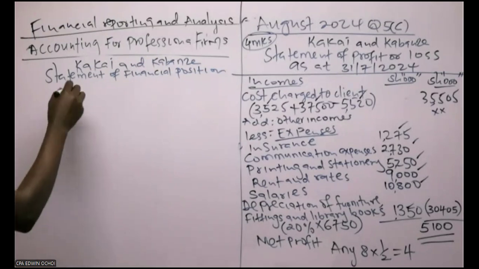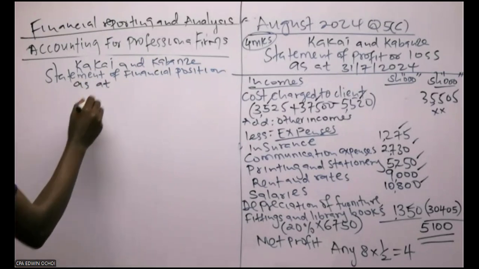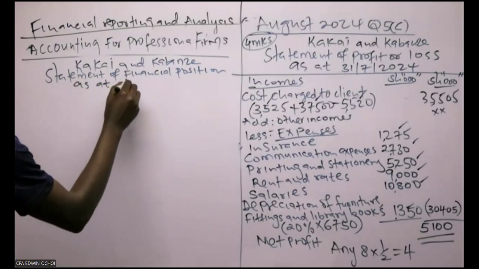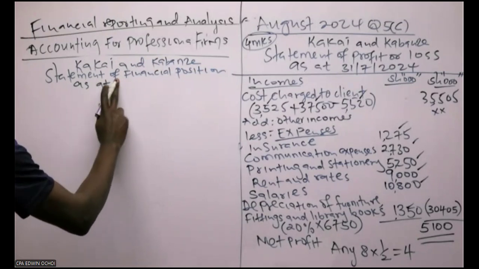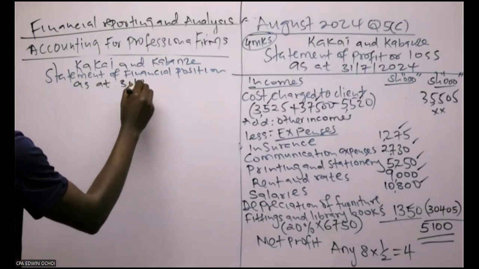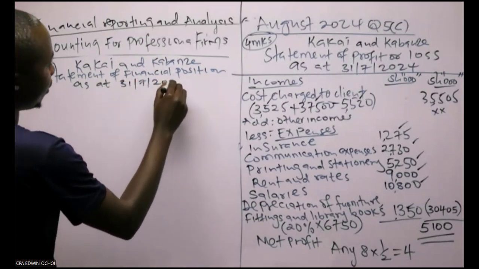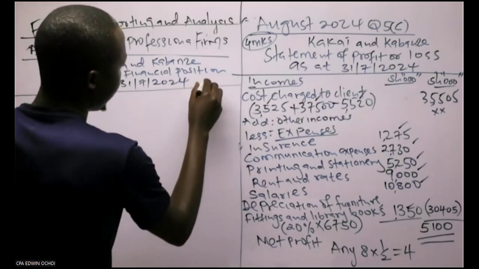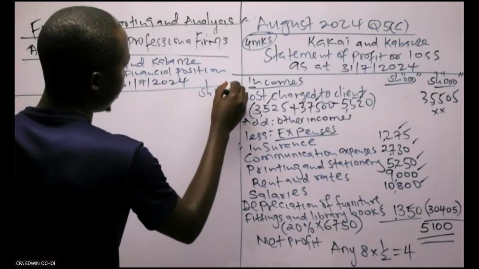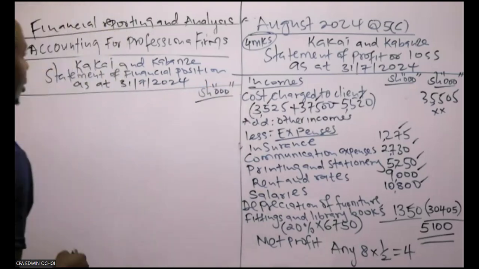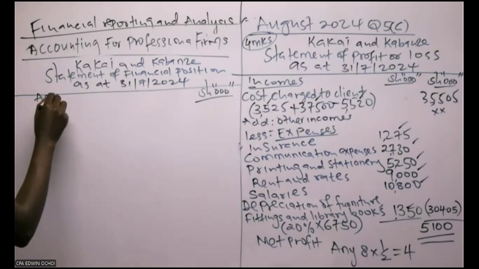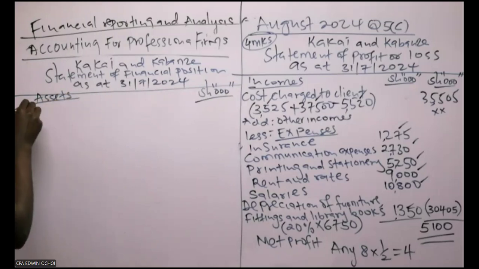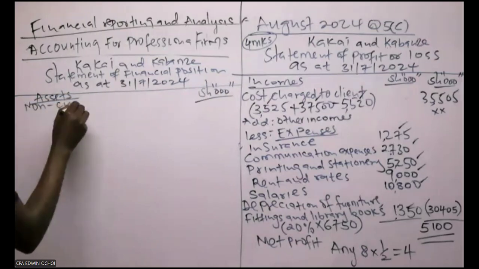Statement of financial position as at 31st July 2024. We talk about shillings in thousands. So we talk about assets. We start with non-current assets.